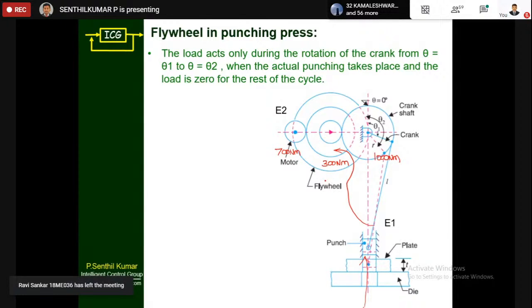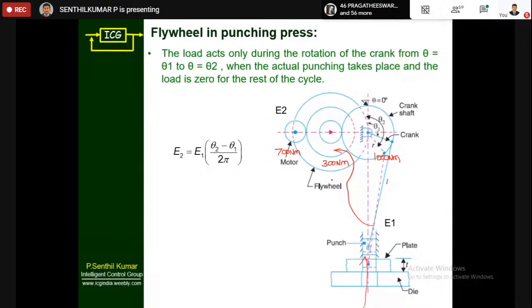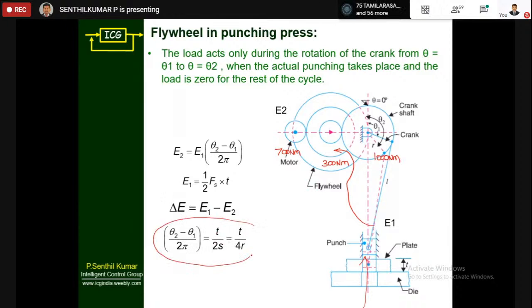I hope now you will get some idea about the purpose of a flywheel in a punching press, and the purpose of a flywheel in engines. So with that, you may get one question from this formula. Thickness, radius, they will give you. Then by manipulating del E, maybe they will ask you to find the energy.